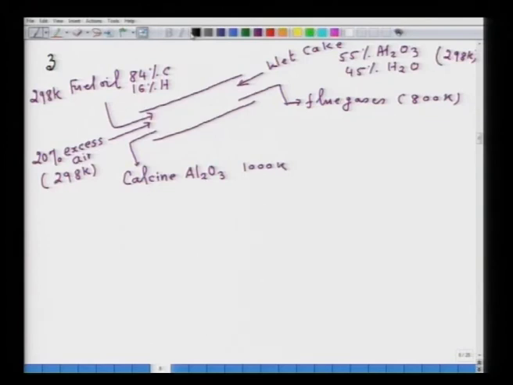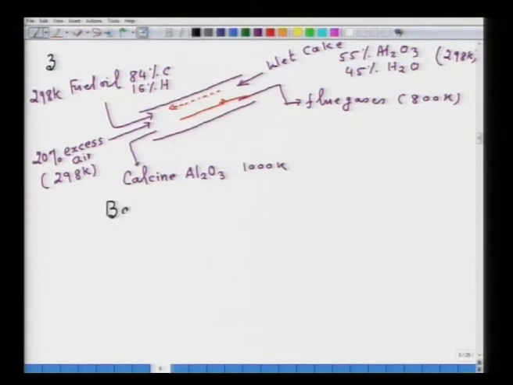Well, first of all, you have to do the material balance, without that you can do nothing. So, I will just proceed to solution. The wet cake goes in this direction, which is the direction of flow of wet cake, and this is the direction of flow of flue gases. That is how the flue gases are leaving. So, they are in counter current mode.